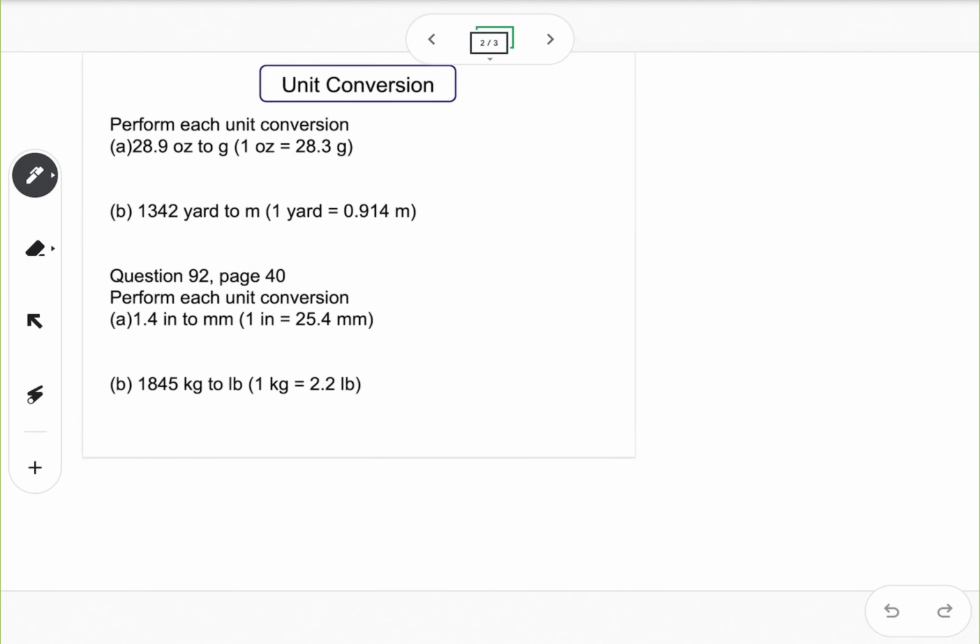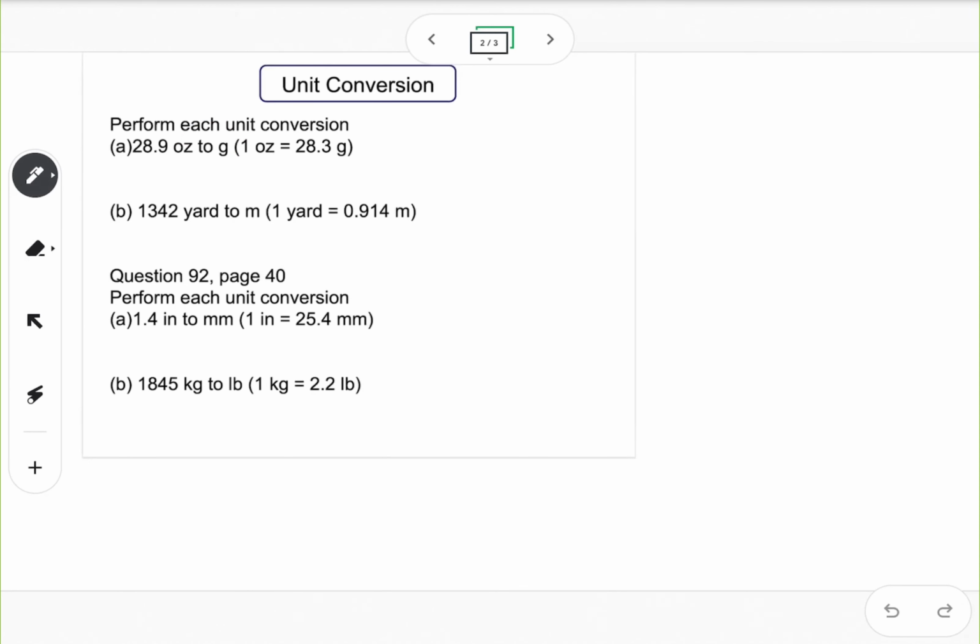Now let's see more examples. Perform unit conversion for this one here. How do we set up unit conversion? We saw some conversions in the previous slide, but here let me show you how we deal with unit conversion involving other units. In this conversion, you need to convert ounces to grams.